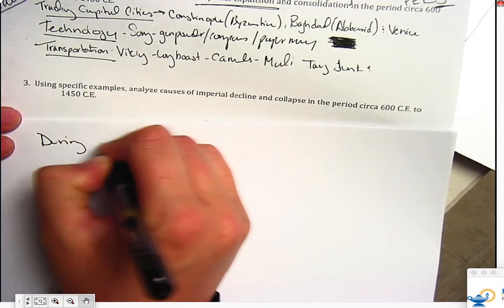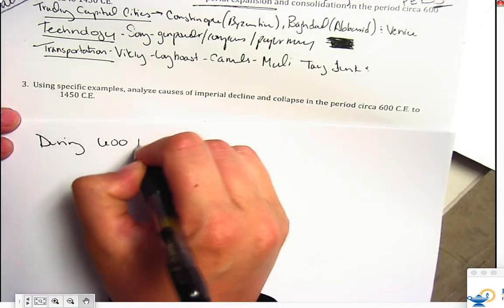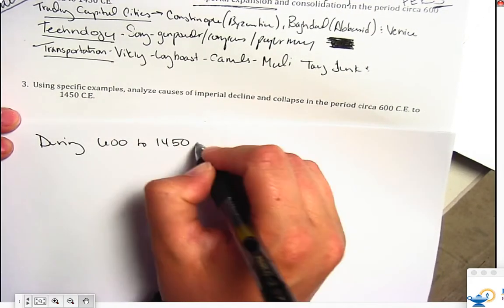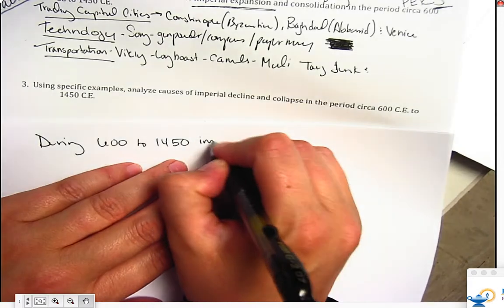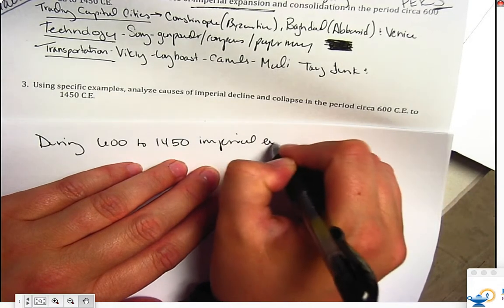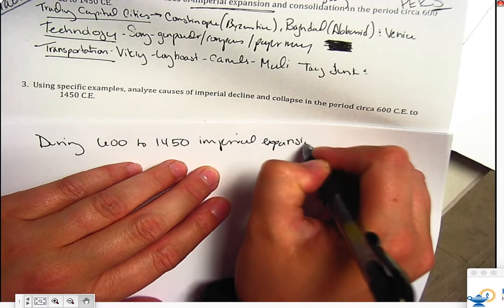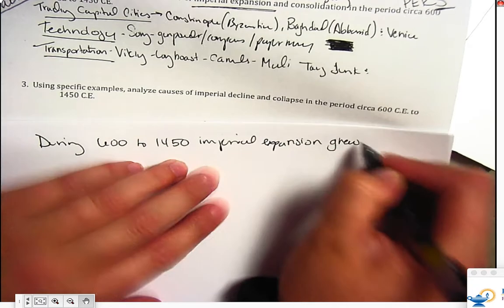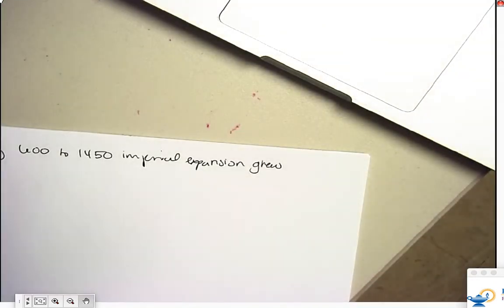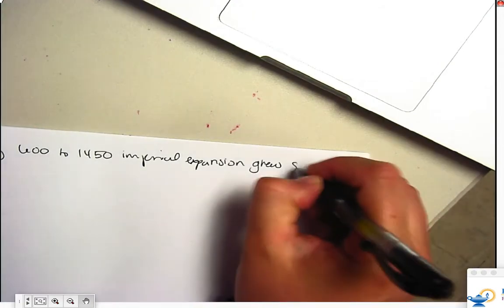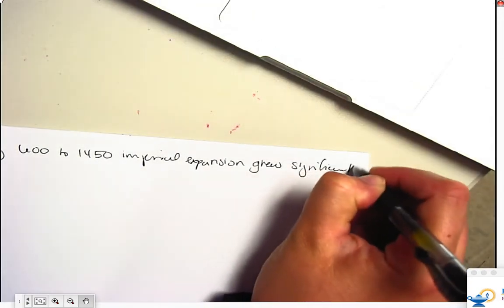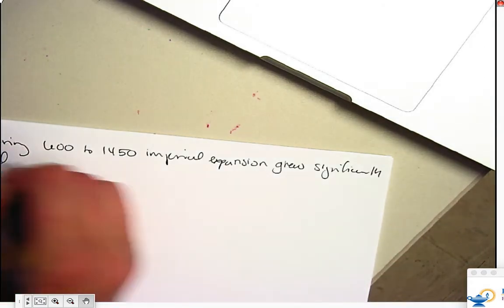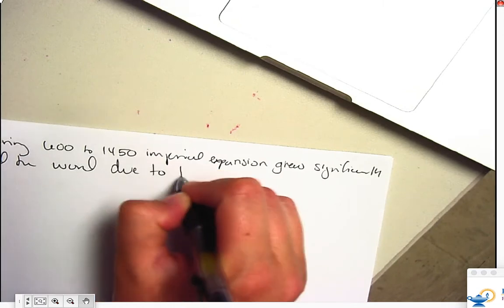During 600 to 1450, imperial expansion grew significantly around the world due to the increase in trade.